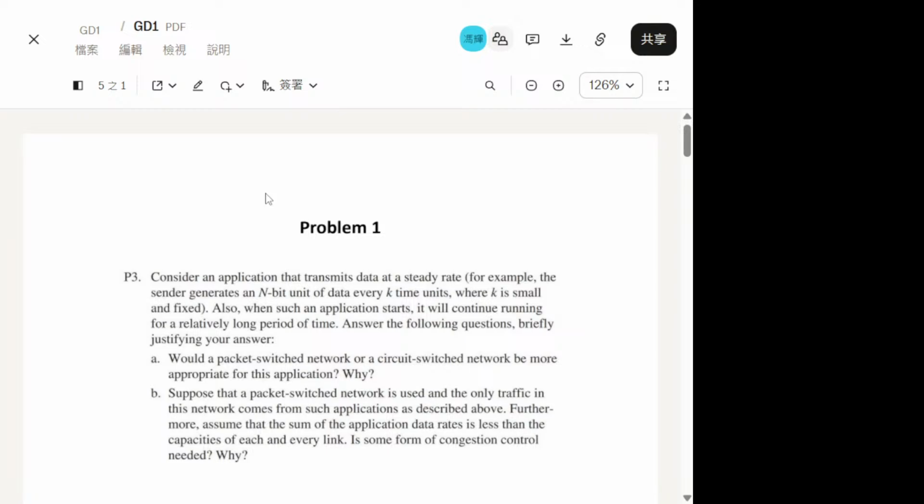Groups 3 and 4, the third problem. All right, maybe you can merge. You can discuss together within groups 3 and 4. Group 5, problem 4. Group 6, problem 5. All right, and that's all.